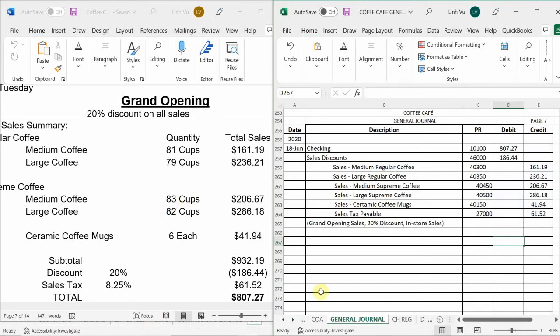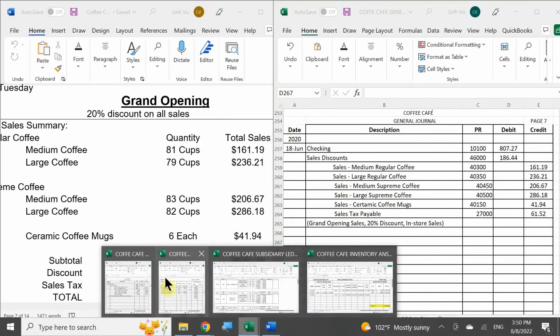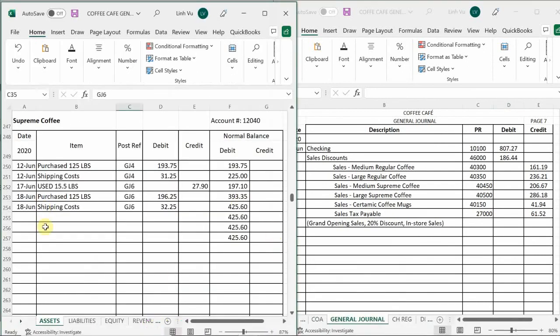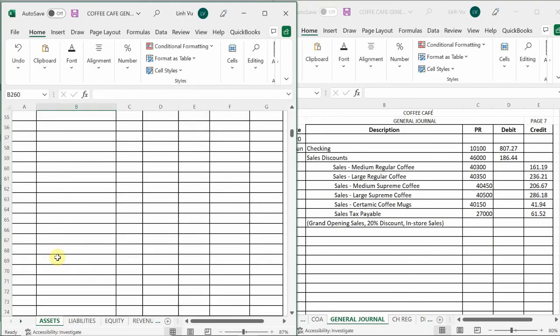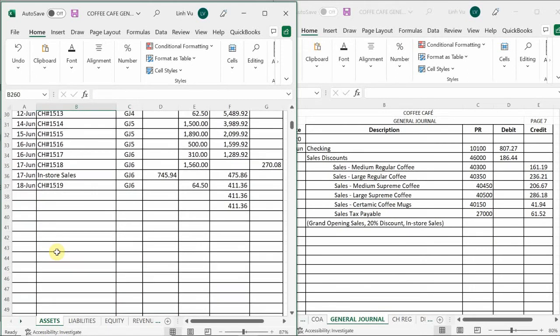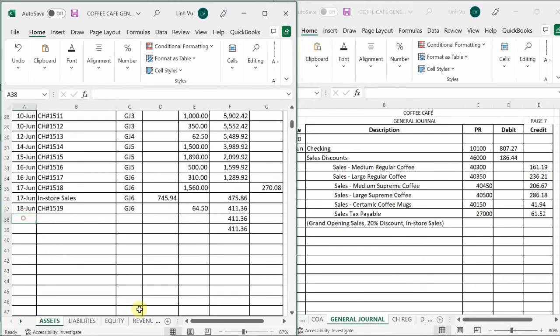So then we go to the general ledger. Start with checking, in-store sales, page 7, $807.27. Okay, so good. We're increasing our money, so we're in the positives.